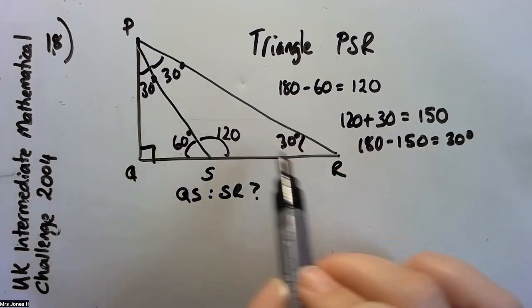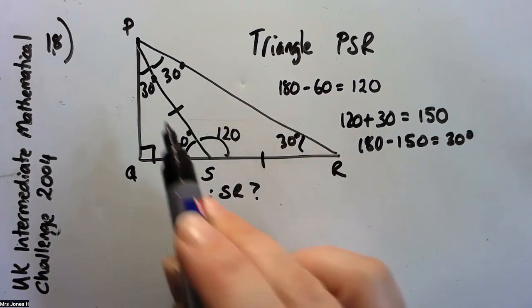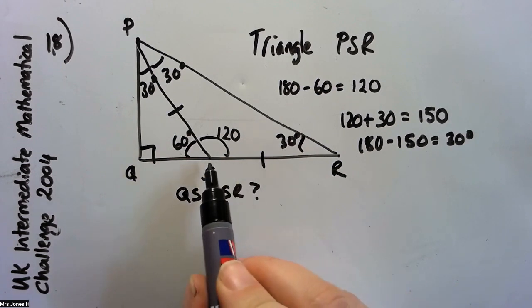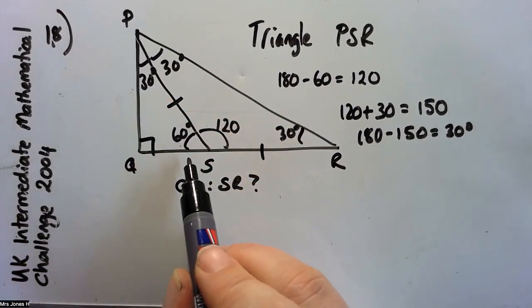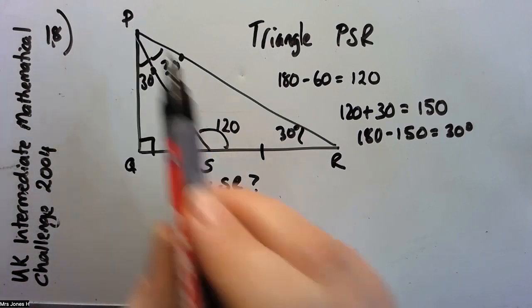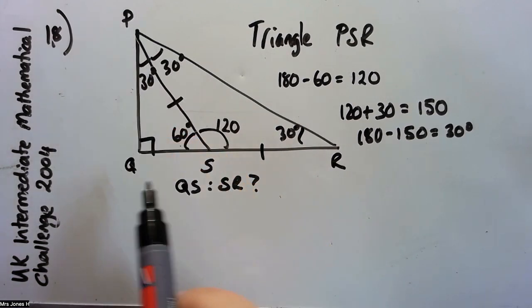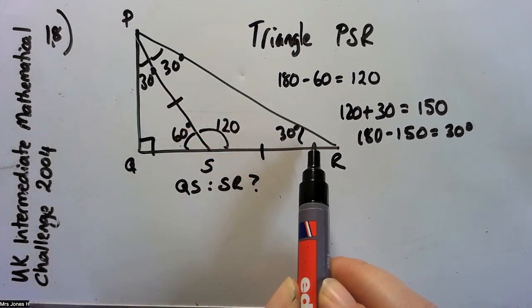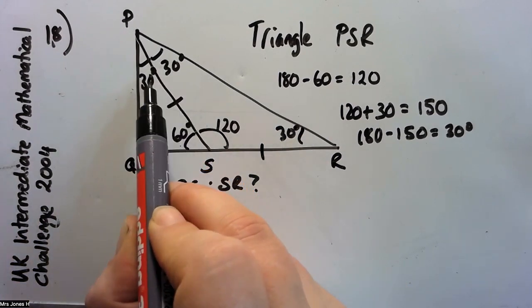And because we've got that going on here, we know that this line and this line are equal. Because we've got this one here and we've got this one here, PQRS, because this is 30 degrees here, this is 60 degrees.